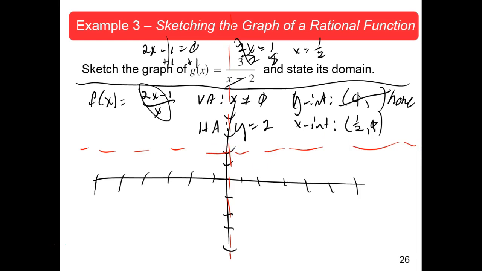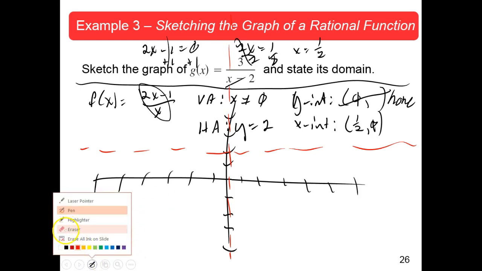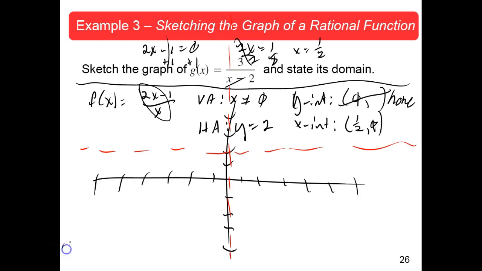There is no y-intercept because it's the vertical asymptote. You can't ever touch it or cross it. Your x-intercept, though, is 1/2, 0. That would be right there. That tells you the graph has got to be right in here and right in here. Done.